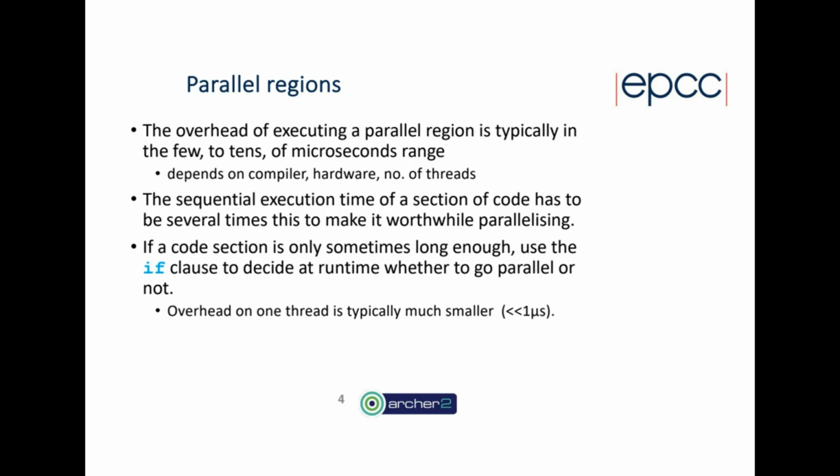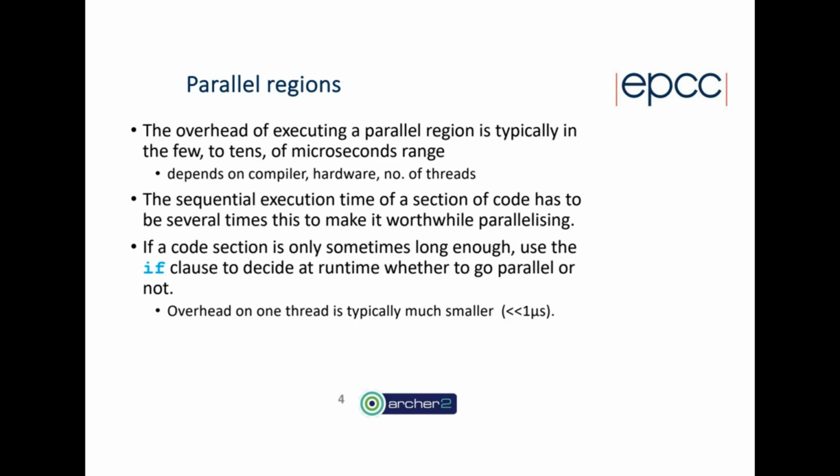Okay. So next up is straying a little bit into the performance issues, which we're going to cover in much more detail in the second topic today. But just to have a rough idea, the overhead of executing a parallel region is typically in the sort of few microseconds to a few tens of microseconds range for most implementations.